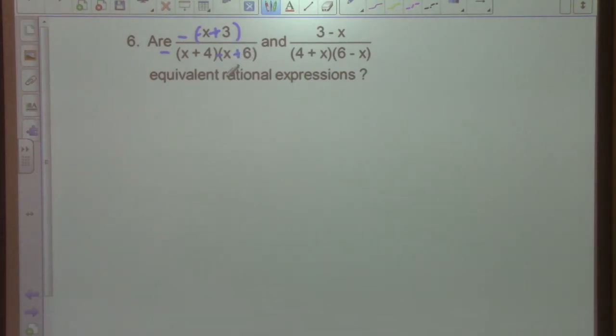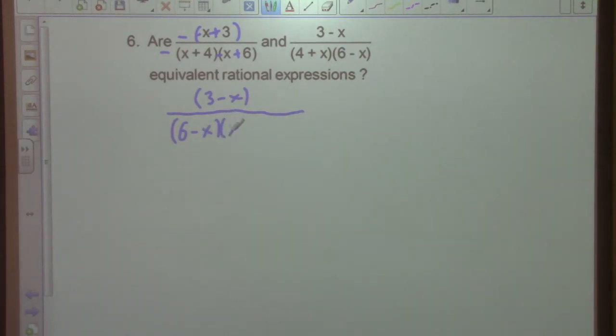But then do the negative signs cancel out? Yeah, so these will cancel out. What you have is negative x plus 3, which can be written as 3 minus x. And in the denominator, you have this negative x plus 6, which you can rewrite as 6 minus x.